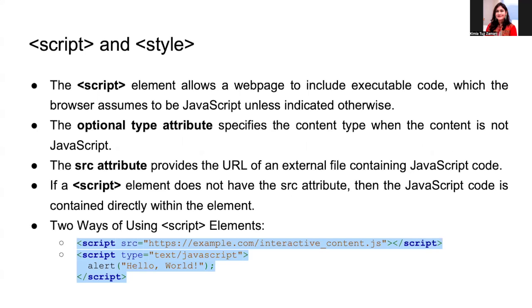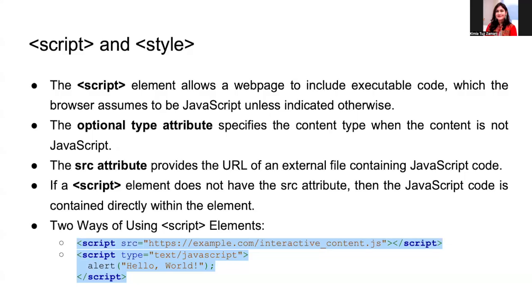So, moving on, the script element is used to include executable code in a web page, most often JavaScript. By default, browsers assume the code inside a script tag is JavaScript unless you specify otherwise with the type attribute.